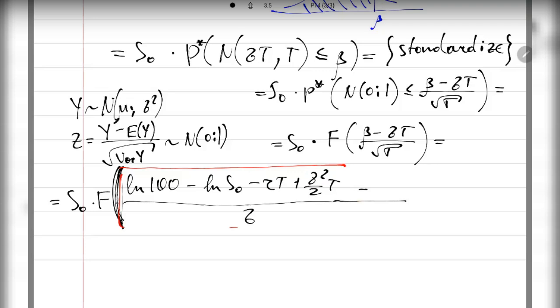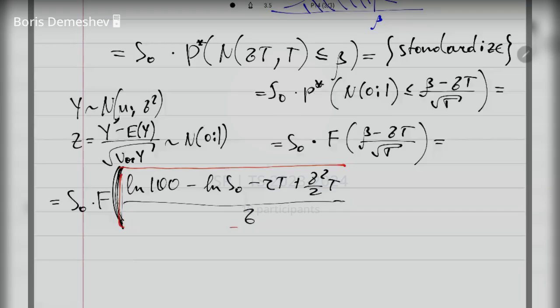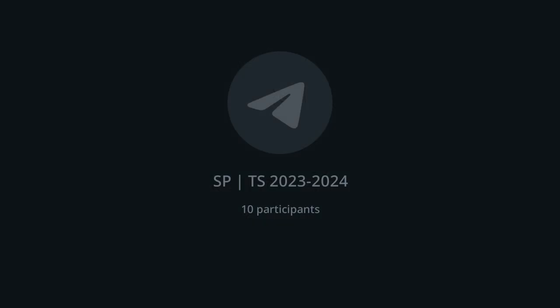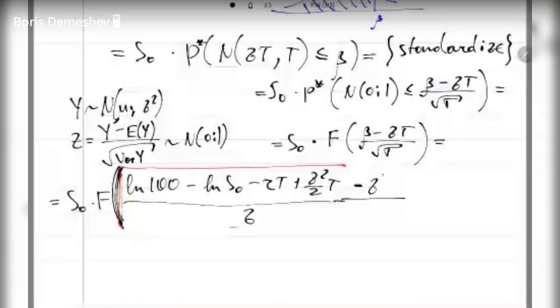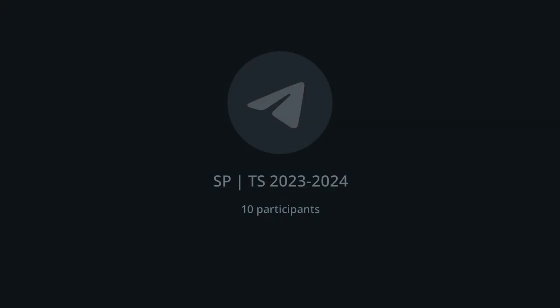I should subtract sigma t. No. How is it better to say? I should subtract sigma squared over 2 times t, because I have already divided by sigma, and I divide additionally by sigma square root of t.